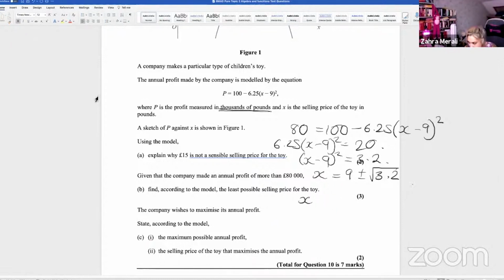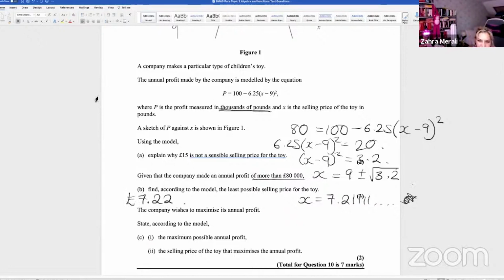It gives you 10 point something, or 7.2, but we want the minimum, so we're going to stick with 9 minus, but because it's money, we have to do it to 2 decimal places. Because we want more than, we round it up as opposed to down, so we get £7.22.